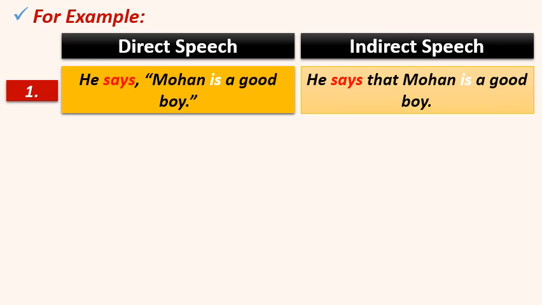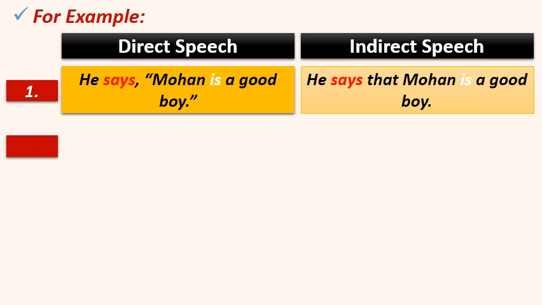Fine. And according to rule, if reporting verb is in present or future tense, then the tense of the verb is not changed in the reported speech. It will remain as it is. As you can see in the direct speech also, Mohan is a good boy. So is verb is written as it is in the indirect speech also.